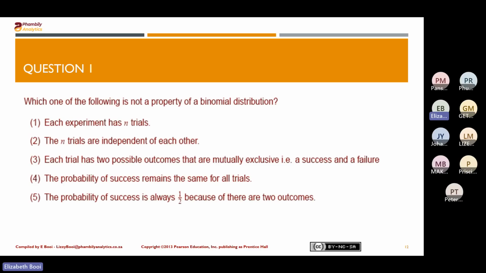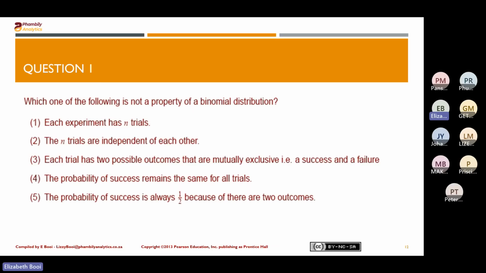If I roll a die that has 6 sides, the probability of success that it will land on a 2 will be 1 out of 6. And the probability that it will land on any other side except 2 will be 5/6.